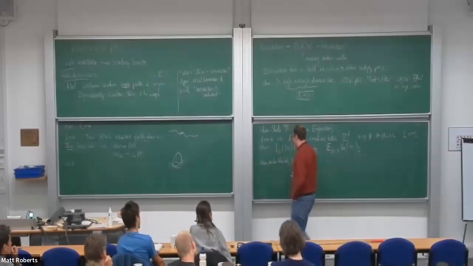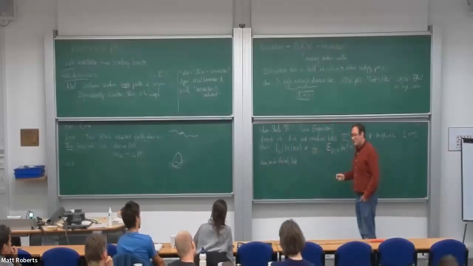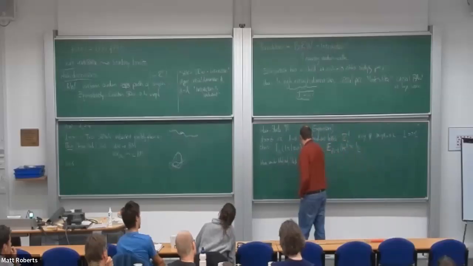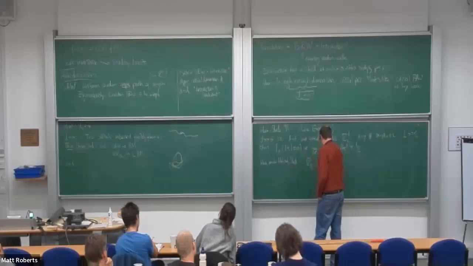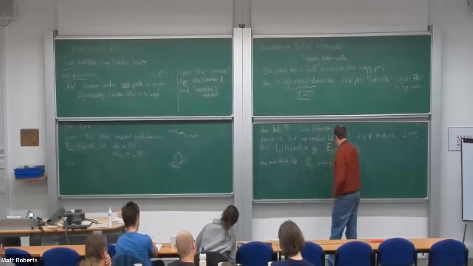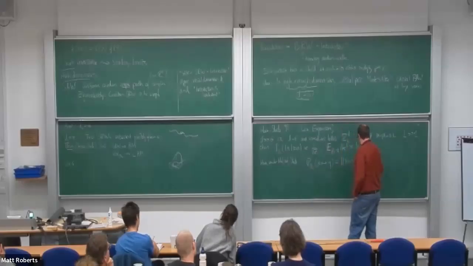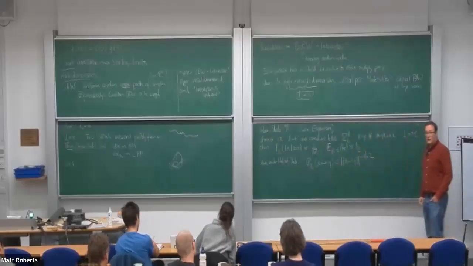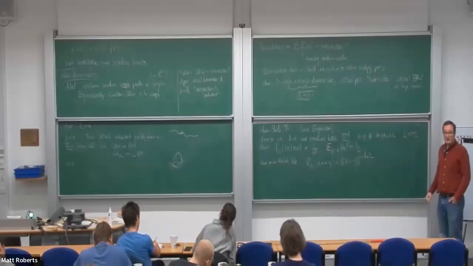So in other words, just adding in Remco to the mix. They showed that also under the same assumptions, the 2-point function is up to constants the distance to the minus d plus 2.